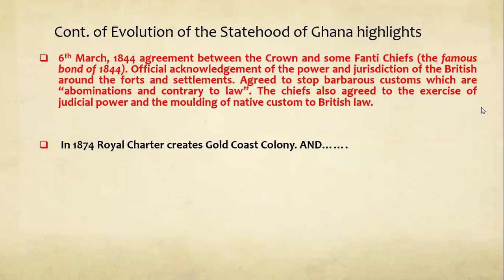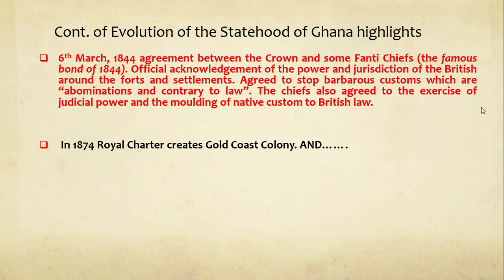And that is why they said that certain serious crimes, like murder, robberies, and other offenses, will now be tried by not the chiefs only, but judicial officers of the colonial authority.